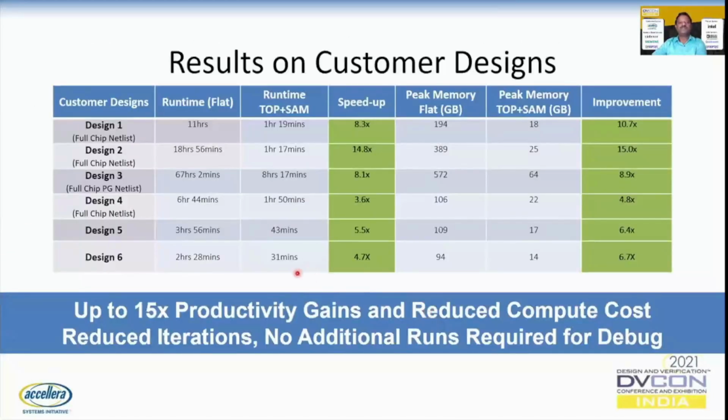To support the claims of benefits of SAM flow, here are results generated for different designs. This analysis was done for low power checks. It is evident as compared to full flat runs of different designs having huge run times and memory requirements, SAM flow helps with gaining productivity, reduced compute cost, as well as enabling multiple experiments within practical runtimes.